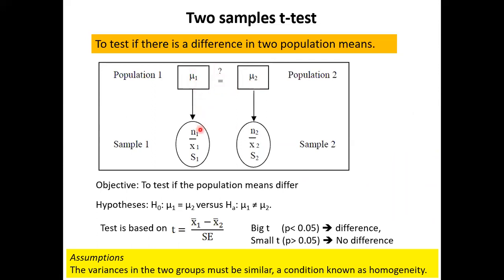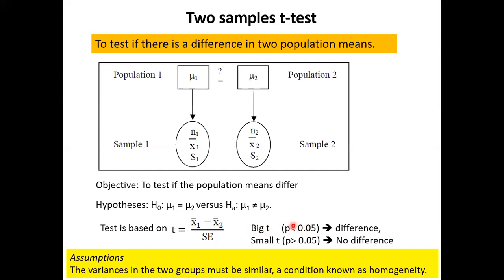We take one sample from here, one sample from here, with sample sizes n1 and n2, calculate the mean values and the standard deviation values, and look at this formula. The function is x1 bar minus x2 bar, the difference between the sample means, right? If the difference is big, the p-value will be less than 0.05.